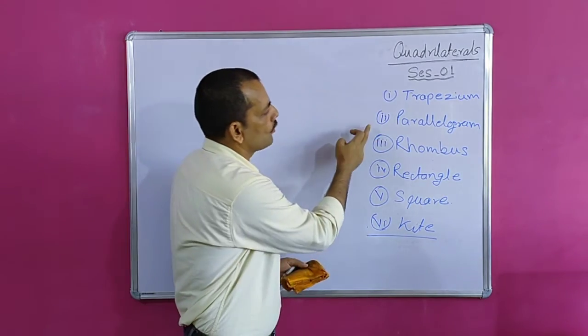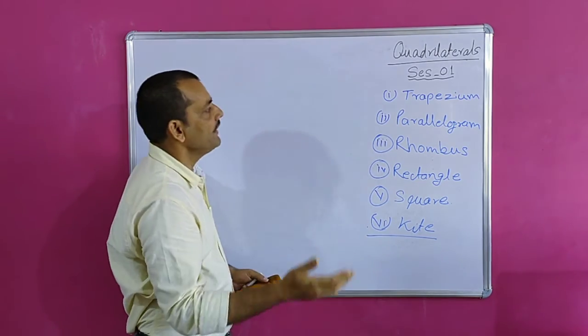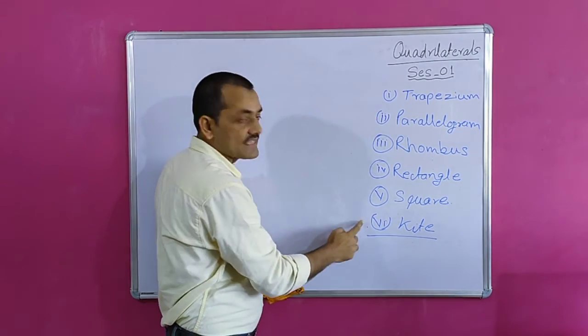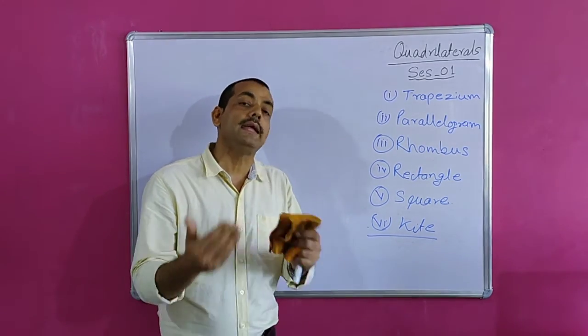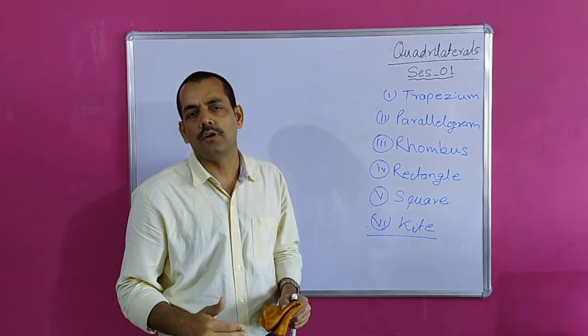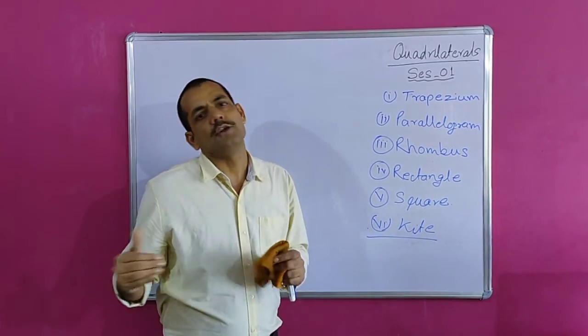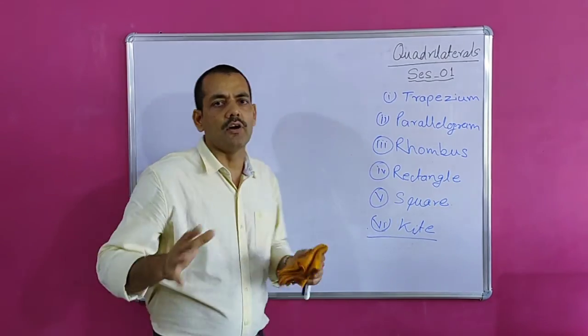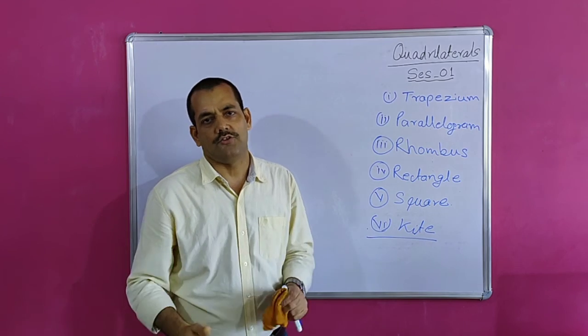In the third session, we will go with a parallelogram becoming a rhombus, rectangle, or a square. In the fourth session, it will be trapezium versus kite. In the fifth session, we will talk about perimeter and area. In the sixth session, we will talk about the questions of parallelogram and so on. So the entire quadrilateral will be covered in 11 sessions. See you in the second session of quadrilateral. Thank you.